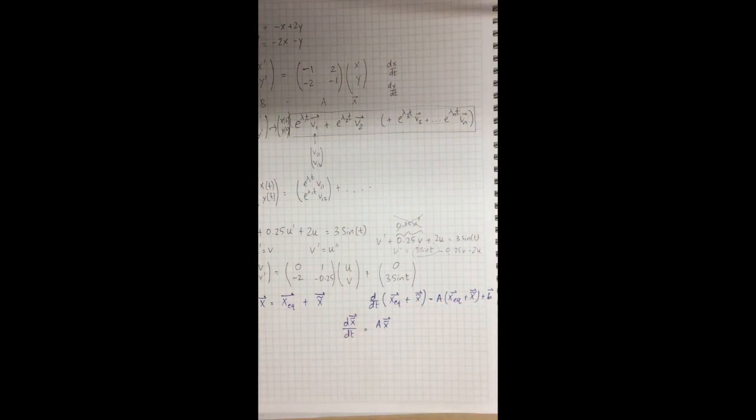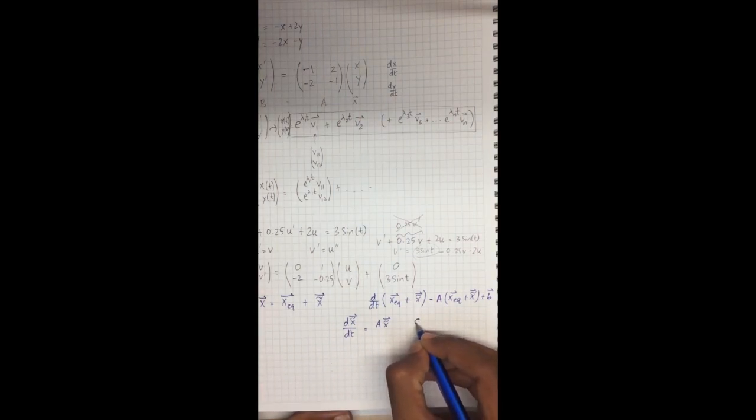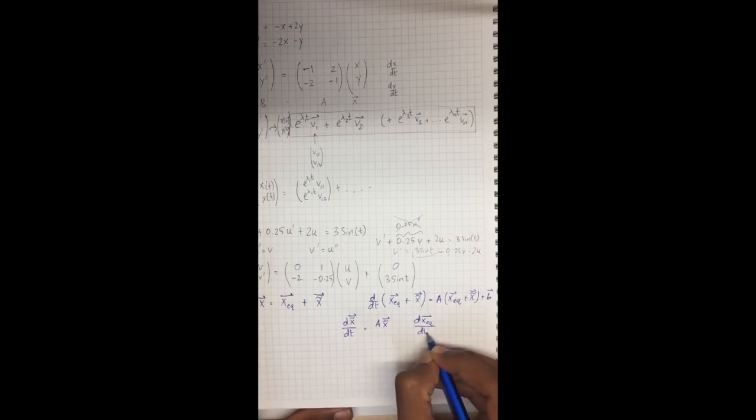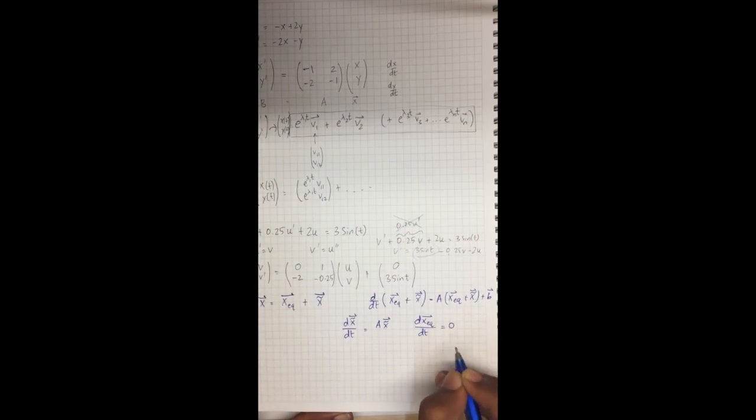So dx tilde over dt would just be A times x tilde. This is also because when we differentiate the equilibrium vector, we have to get a 0 vector, because we define the equilibrium one as the time rate being 0. That's how we are defining that. So we want this to be 0, and automatically this becomes what we need.